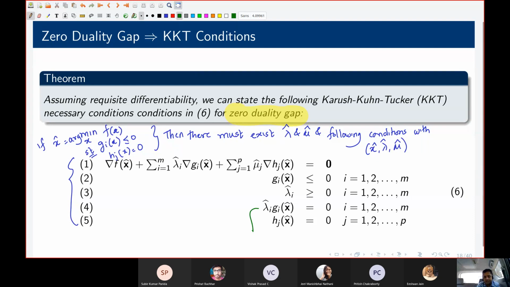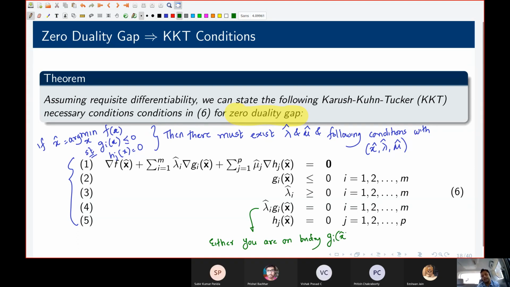Either you are on the boundary, g_i(x hat) equals 0, and therefore lambda_i hat may not be 0 and plays some role.